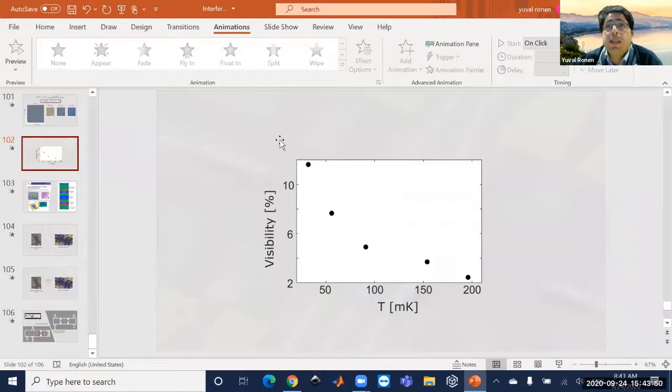You basically see a decay, and we can attribute it to the lobe structure in the Fabry-Perot that we can see. Temperature smears the lobe structure of the Fabry-Perot. From the lobe structure, we extract the edge mode velocity. So we measure the coherence length as a function of bias, temperature, and magnetic field.